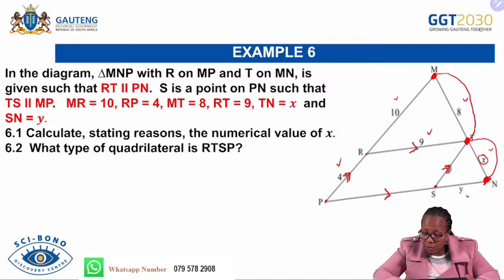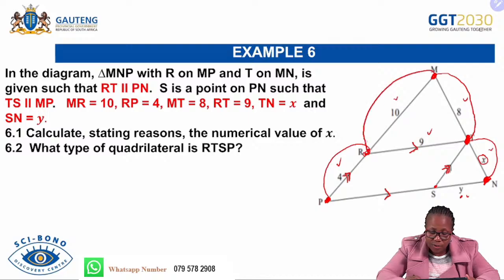Can we go to SY parallel to TS? No, because there is another unknown there, Y, so we avoid going that way. We rather go NP parallel to RT. Why? Because this will give us the ratio there and the ratio there. Can you see now we have infused the proportionality in this one? Now we can calculate the value of X.